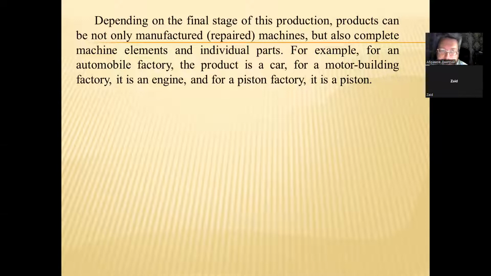Depending on the final stage of production, products can be not only manufactured or repaired machines, but also complete machine elements and individual parts. For example, for an automobile factory, the product is a car.